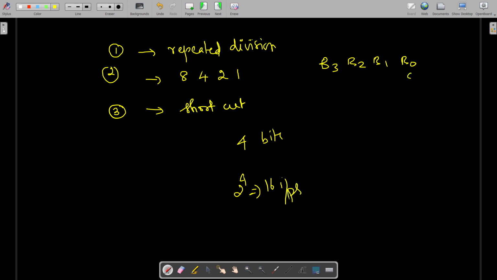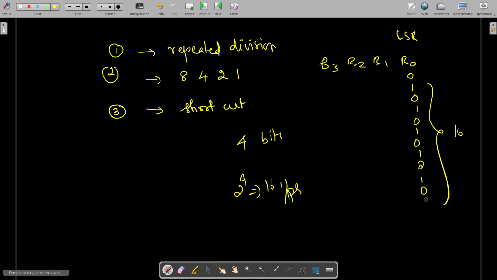So you can place it like 0, 1, 0, 1, 0, 1, 0, 1 for LSB. Like that you have to put 16 combinations here, 0 1 0 1, like that it goes on toggling for 16 times. And then for this B1 it is 0 0, then 1 1, 0 0, 1 1, like that it goes on till 16 values.